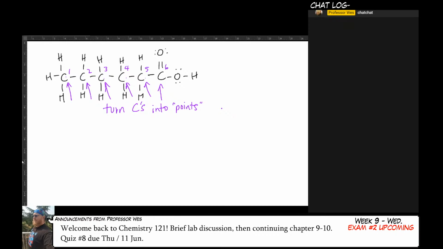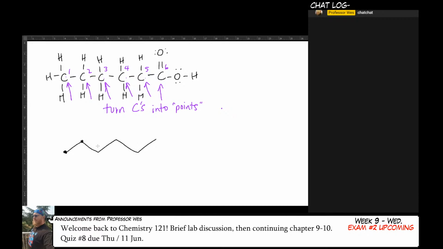So what I'm going to do is I'm going to make 6 points. And I'm going to connect them in a sort of zigzaggy way. And then the end structure looks like this. 1, 2, 3, 4, 5, 6. That actually looks really sloppy. Let me redo that. What I should have just done was draw the zigzag. So 1, 2, 3, 4, 5, 6.